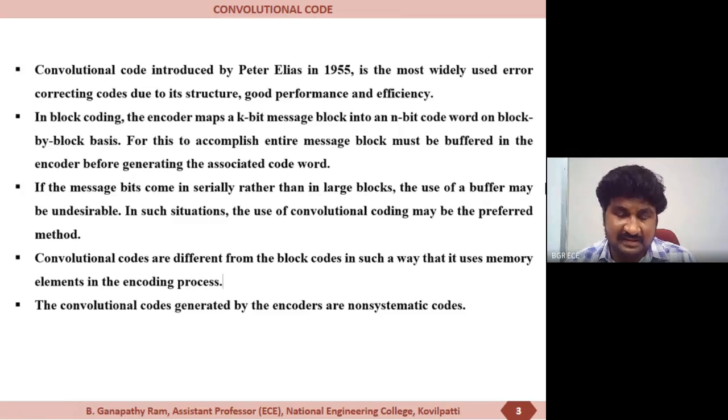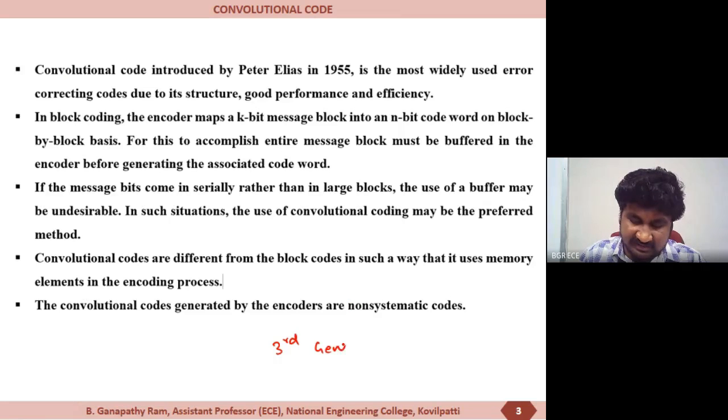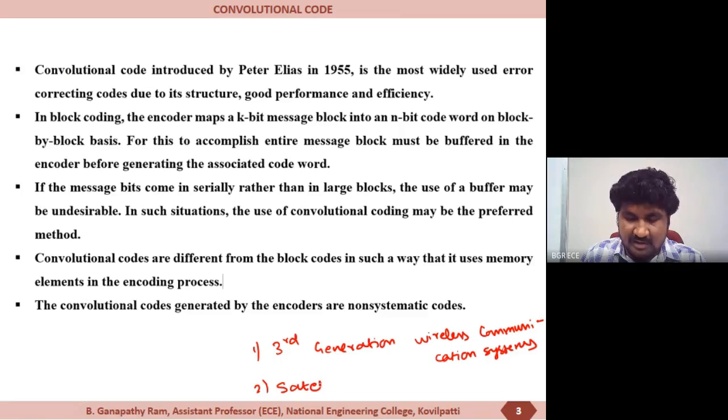Because of this, the convolutional code has been introduced in third generation wireless communication systems. And it is also being used in satellite communication systems.